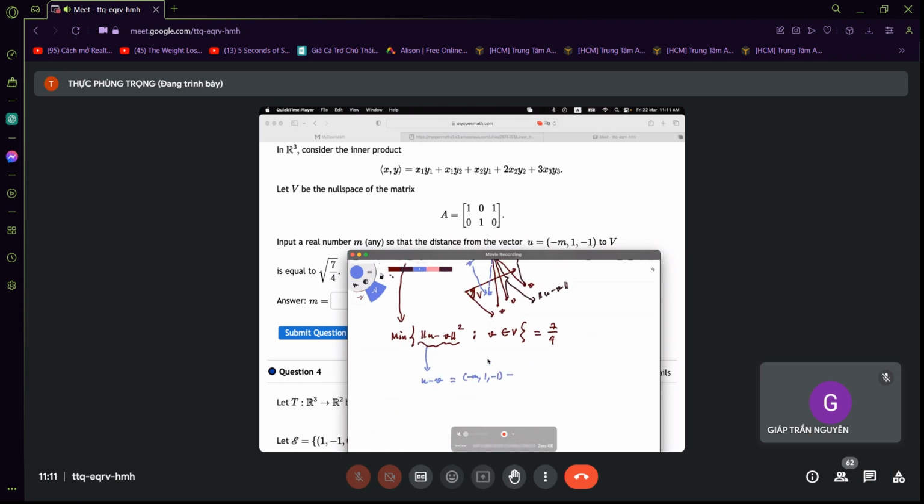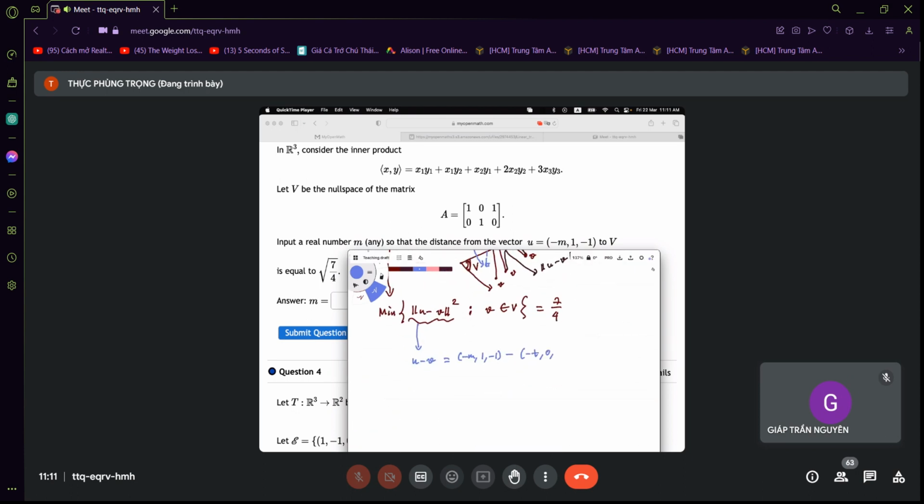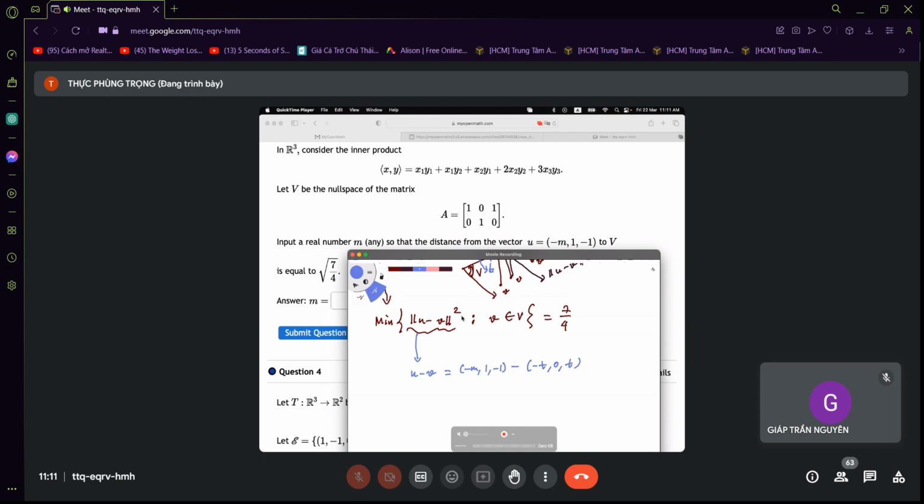So that's what I have for a vector in the subspace V, right? And then you can write this one as t minus m, 1, and minus 1 minus t. Is that right? And then from here you get the norm of u minus v squared. So it's t minus m squared.